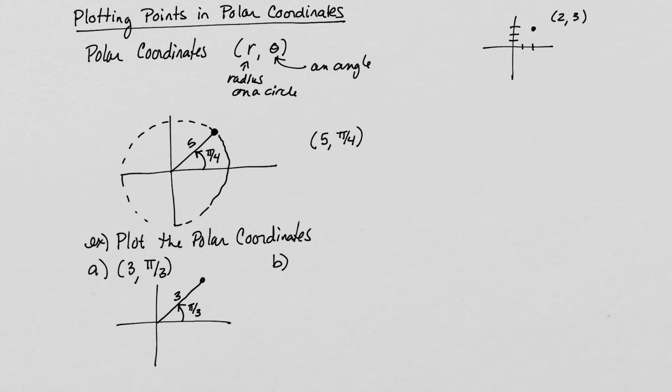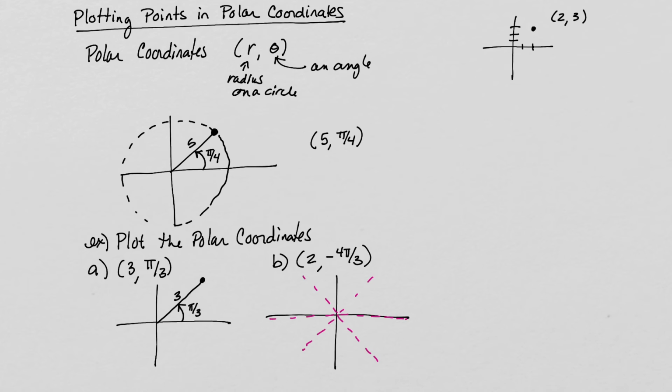We can do negative angles, so you could have something like (2, minus 4 pi over 3). I like to think about the spokes, like we did before. Pi over 3 divides the axes into 3 sections in terms of each half.